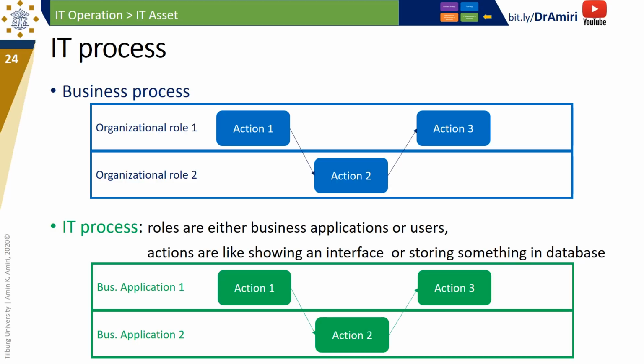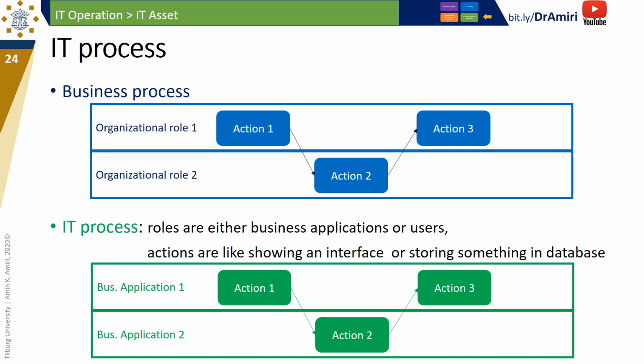So as you can see here, there is a kind of process going on inside these business applications. A business process has several organizational roles: employees, customers, suppliers, and they would do organizational activities.